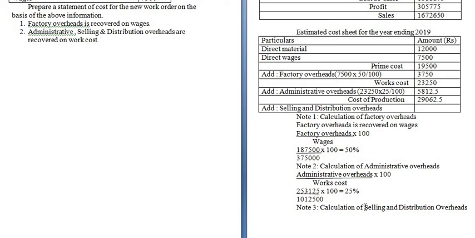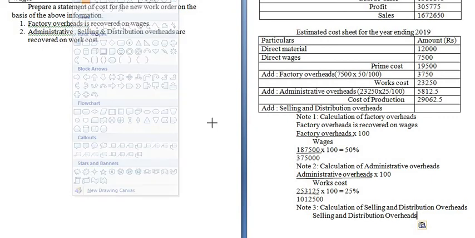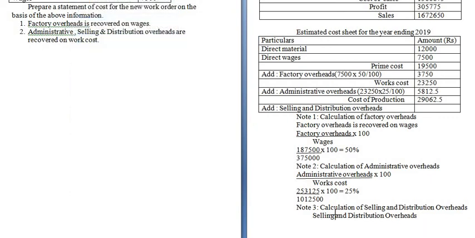Again this has to be recovered on works cost. So your formula will be selling and distribution overheads divided by works cost into 100.